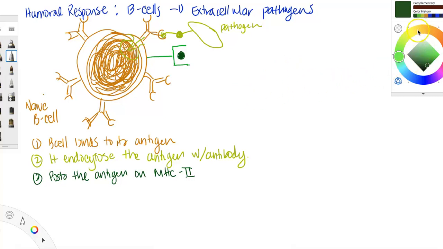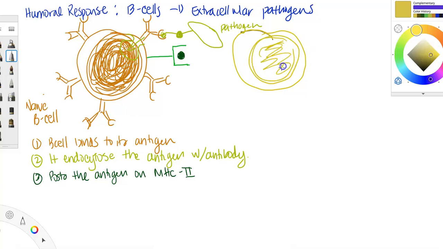So then we still need activation for anything to happen. So we get another cell here, and this is a T lymphocyte, and it is a helper T cell.